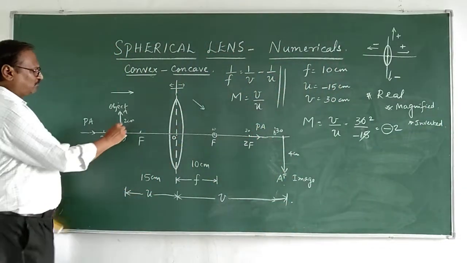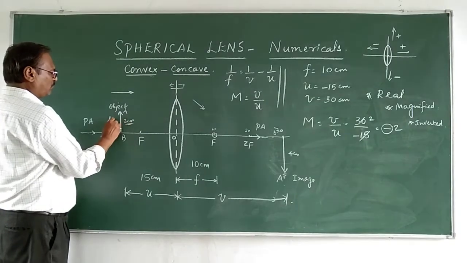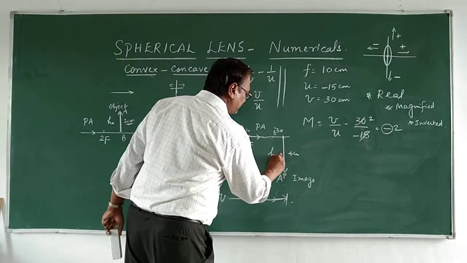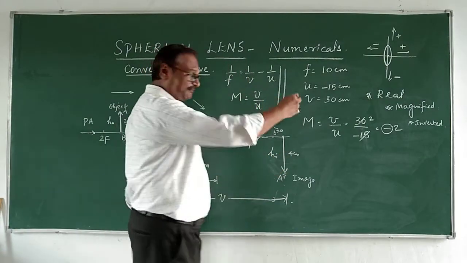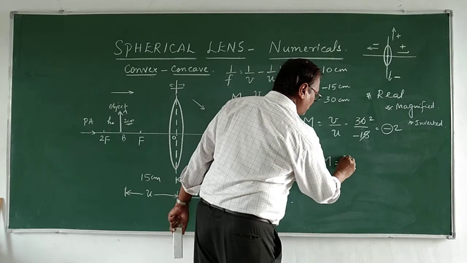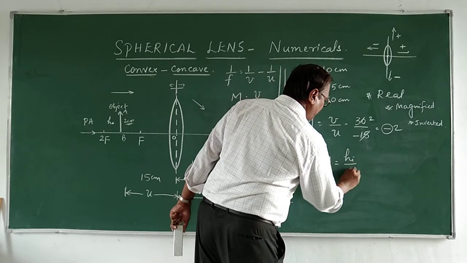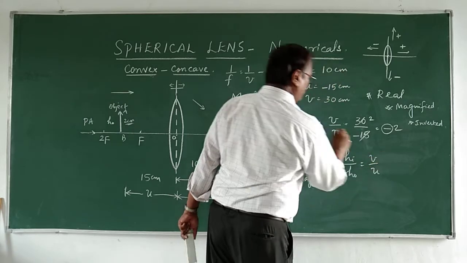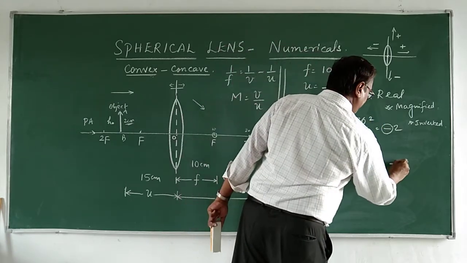As I said to you, object height ho is equal to 2 centimeter. Then what will be the image height? Naturally we found it, but mathematically we have the formula M is equal to height of the image upon height of the object, which is equal to V upon U. What is V upon U? Minus 2.